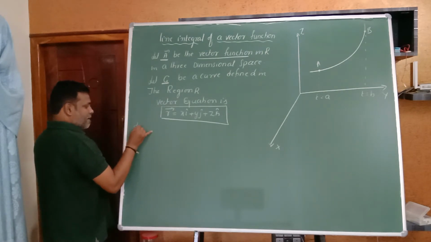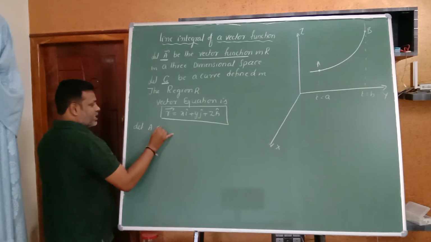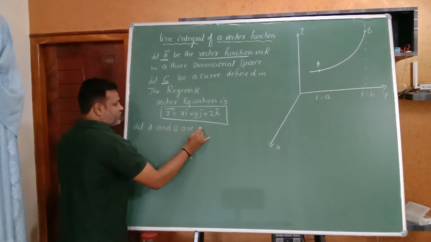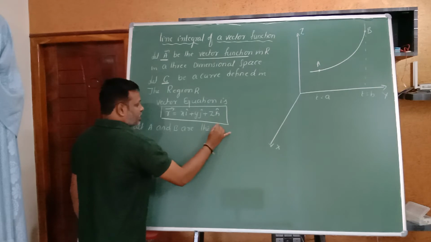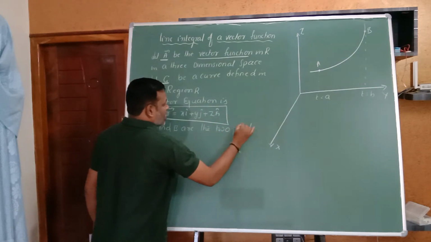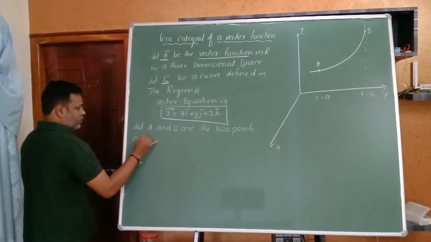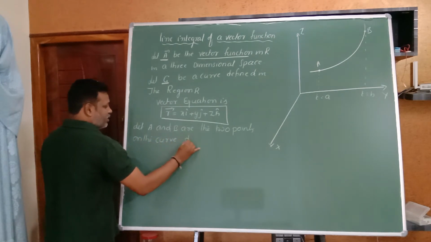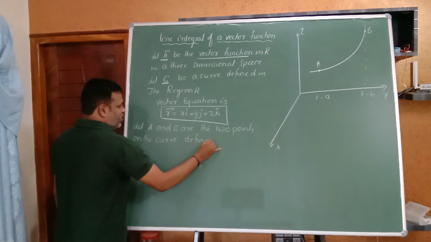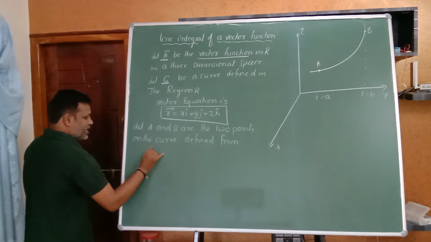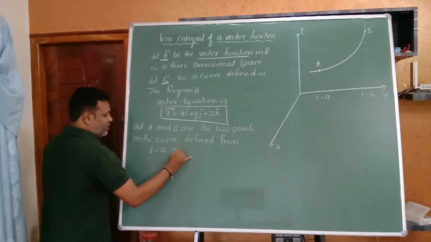Let a and b be the two points on the curve defined from t is equal to a and t is equal to b.